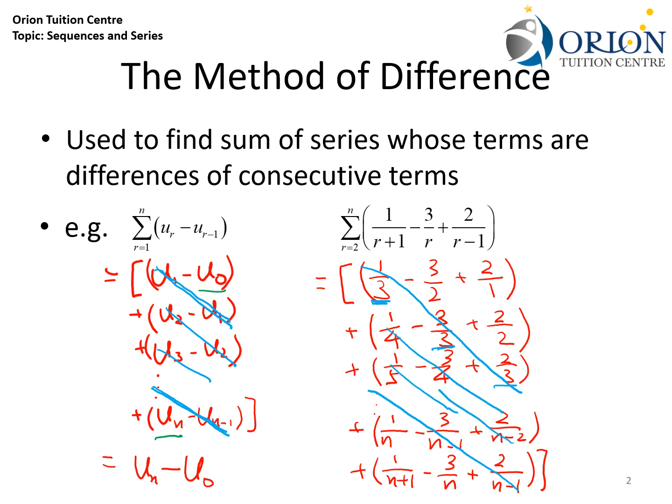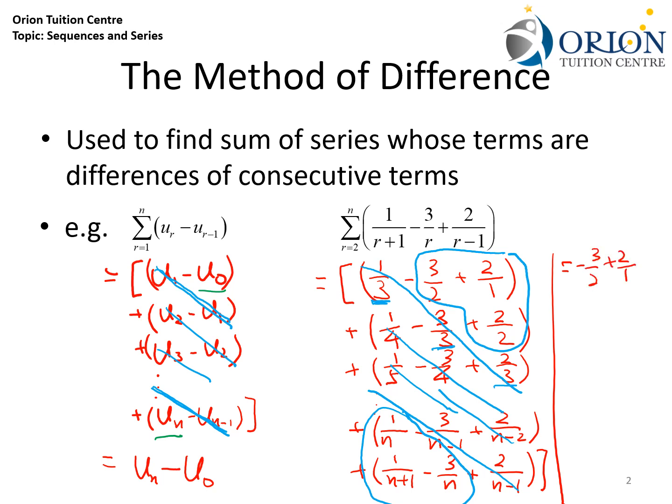Therefore, what we are left with are these three terms over here and these three terms over here, which gives us negative 3 over 2 plus 2 over 1 plus 2 over 2 plus 1 over n plus 1 over n plus 1 minus 3 over n. And of course, we can simplify this to get the final answer.